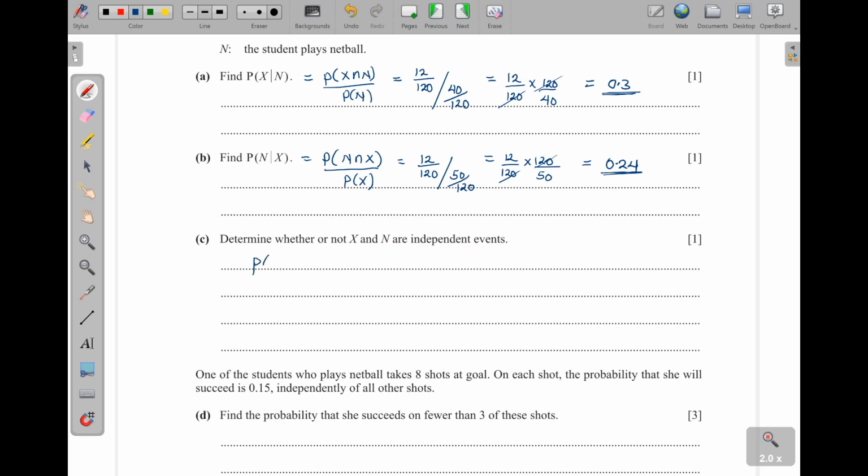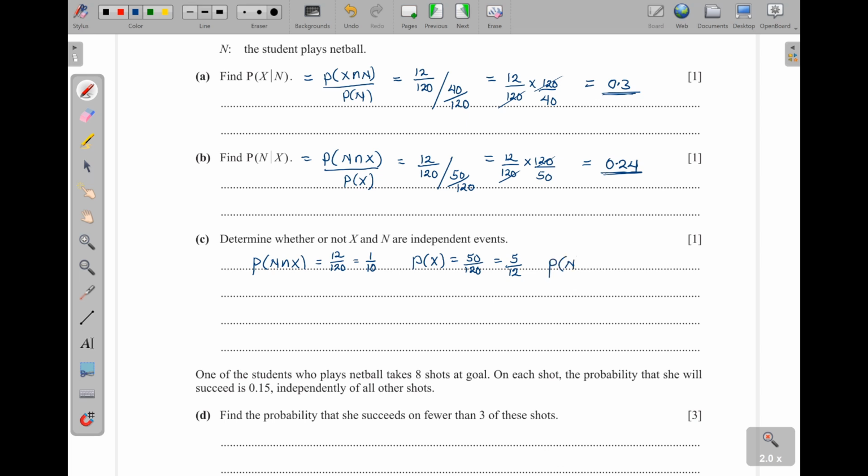So we shall have probability of N intersection X, which we have gotten as 12 over 120. This one can even be 1 over 10. Okay. Then probability of X, we have seen it is 50 over 120, which I can write as 5 over 12.